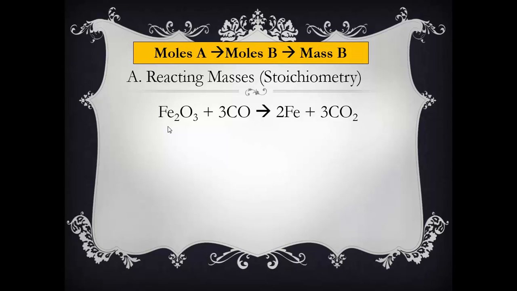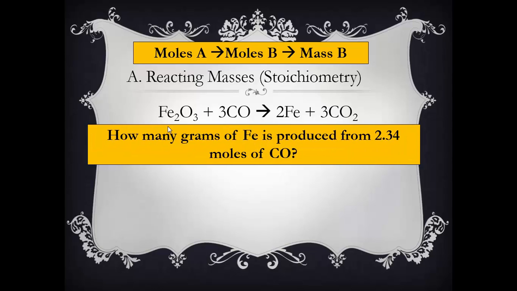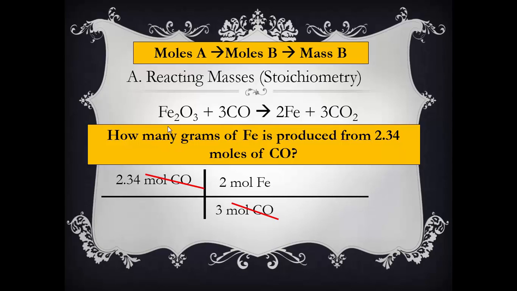Alright, go one step further. We have moles A to moles B, but then you have to find the mass of B. So this has a 3-cell dimensional analysis. How many grams of Fe is produced from 2.34 moles of carbon monoxide? So you start back with the problem we just did, but we're not done with moles.